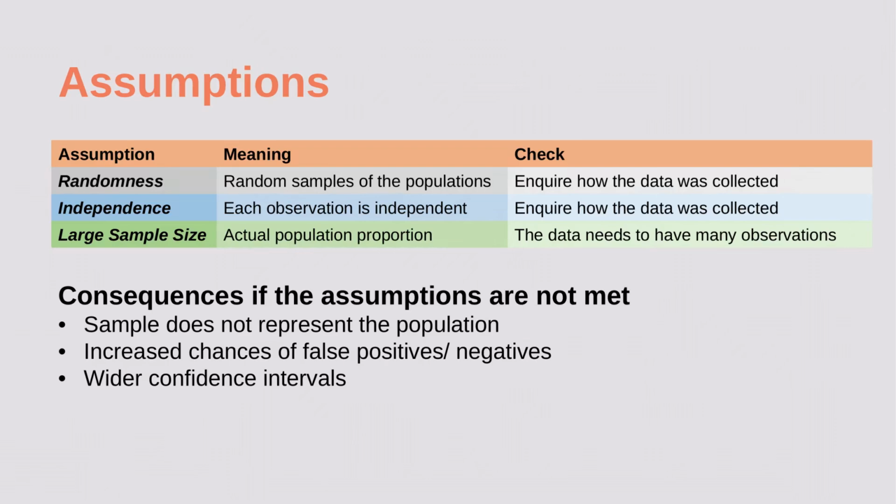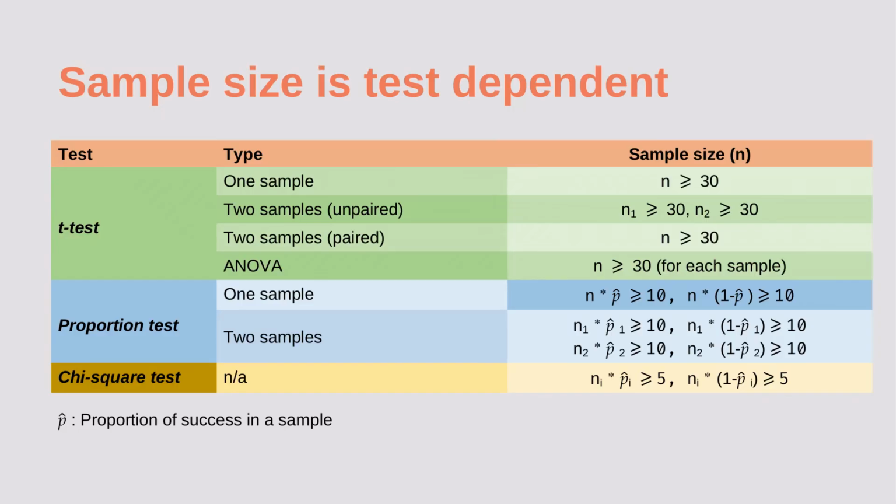It is essential for ensuring the validity of our statistical conclusions. Here is a list of different tests with their ideal sample sizes. Notice that some tests like t-tests call for large sample sizes, over 30 observations in each group, and others like chi-square tests are more forgiving, requiring only 5 successes and 5 failures in each group.